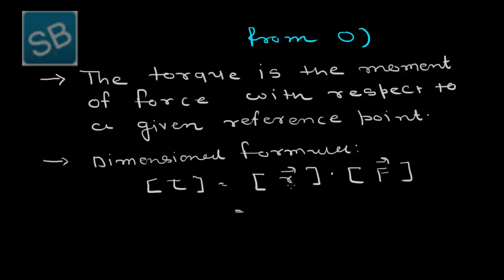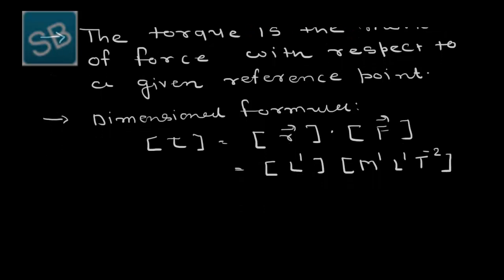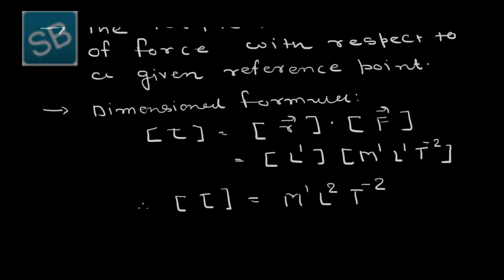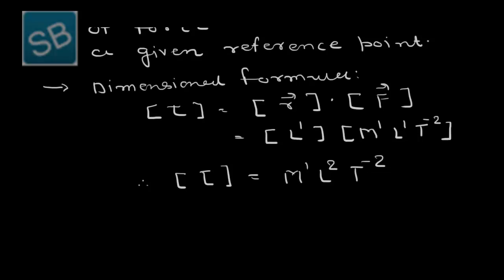We know that the dimensional formula of r, the position vector, is L1, and the dimensional formula of force is equal to mass into acceleration, that means kilogram into meter per second square, so that is M1 L1 T minus 2, and so the dimensional formula of torque is equal to M1 L2 T minus 2.